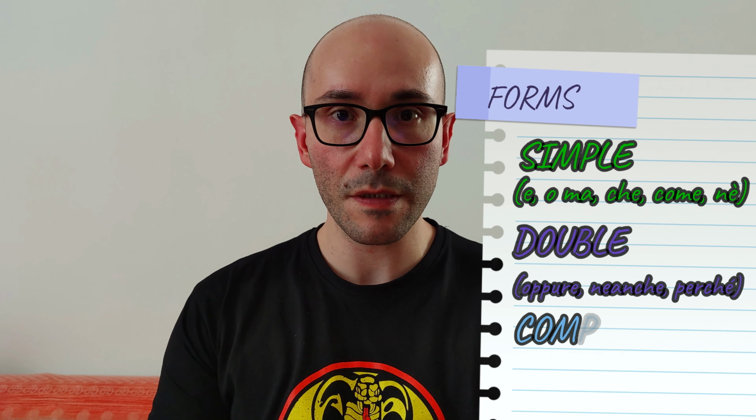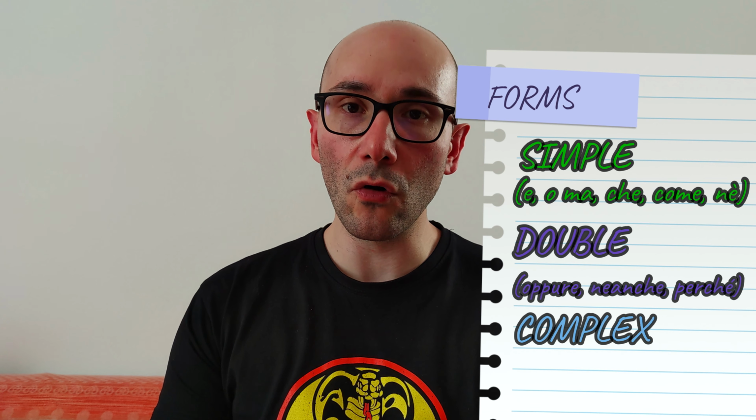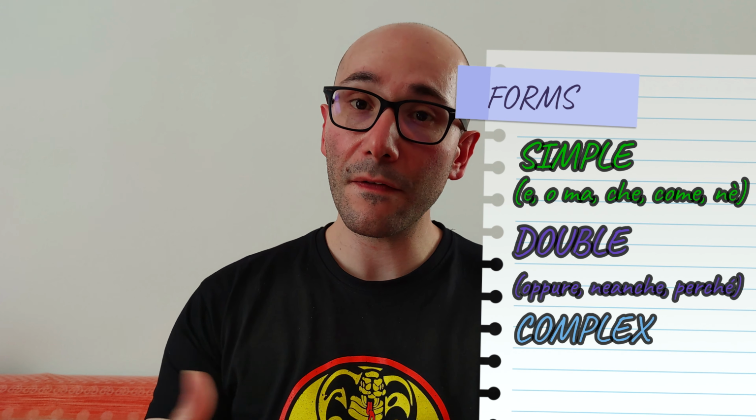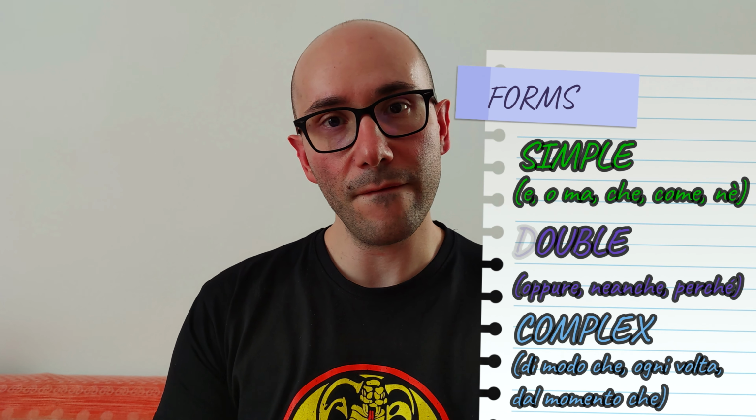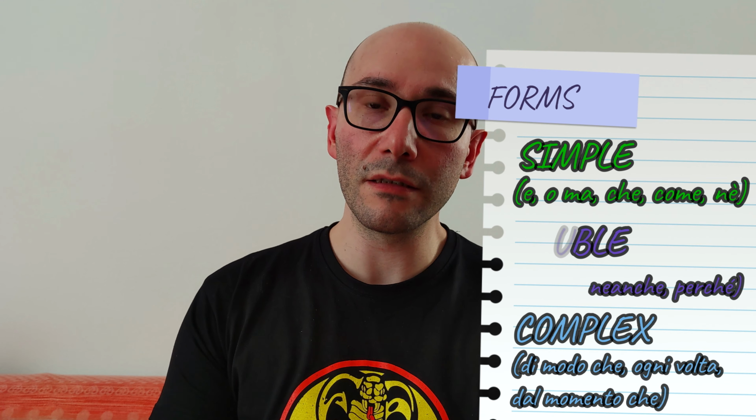Those in fact are fusions of two different words. For instance, perché is built by two separate words, per and ché. And then of course we have complex conjunctions, called complex because they are built of two or more different words, like the following conjunctions: di modo che, ogni volta, dal momento che.